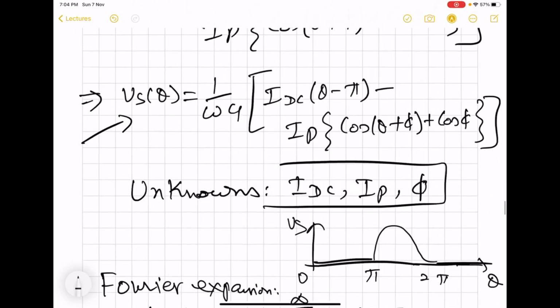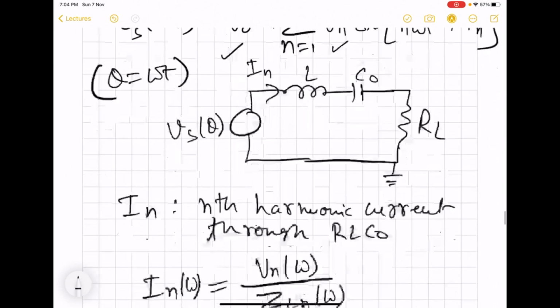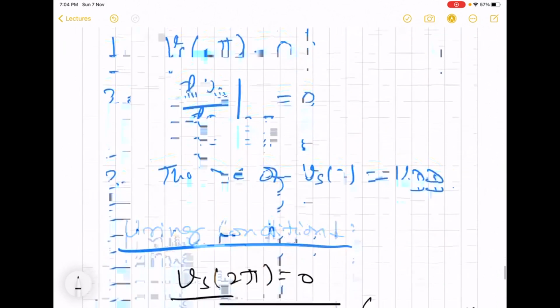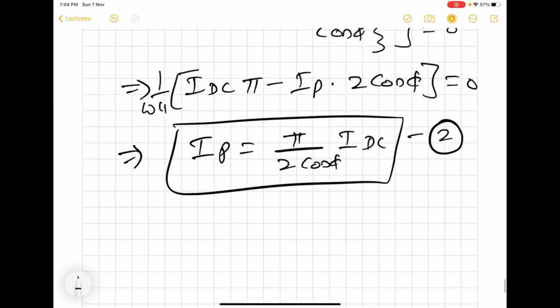So there are basically three ways in which one can derive the relation between IDC and IP.